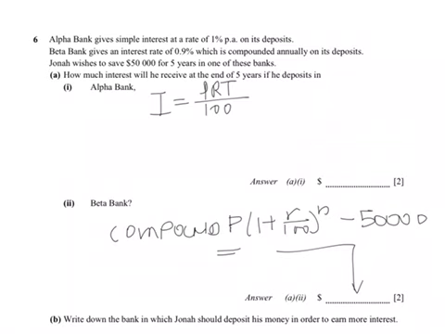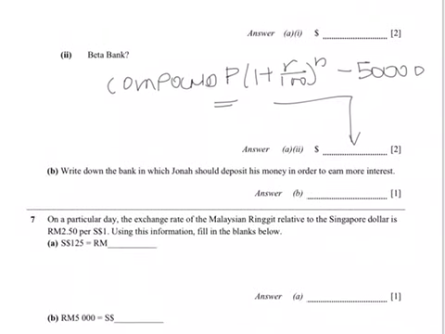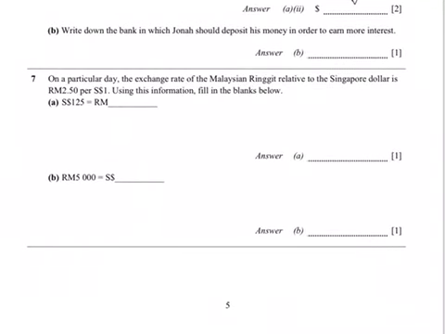Then after you have determined which banks give you the highest interest, then you can write down which banks give you more interest. Okay, for this one, I think it's very direct.